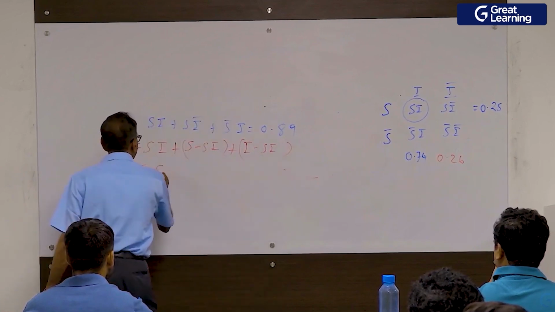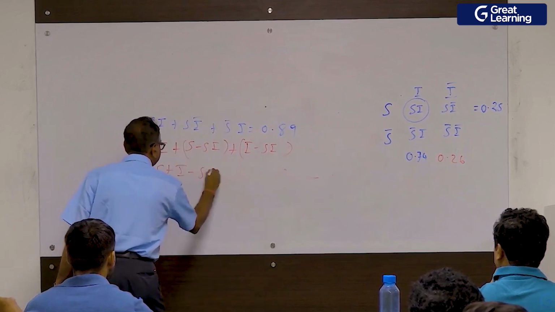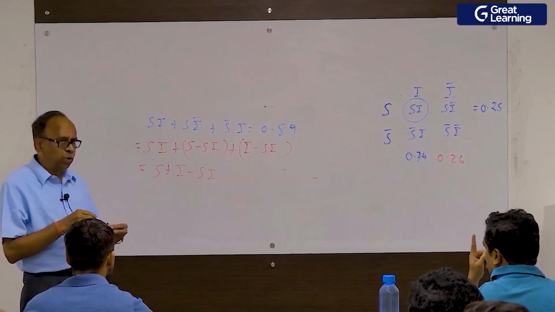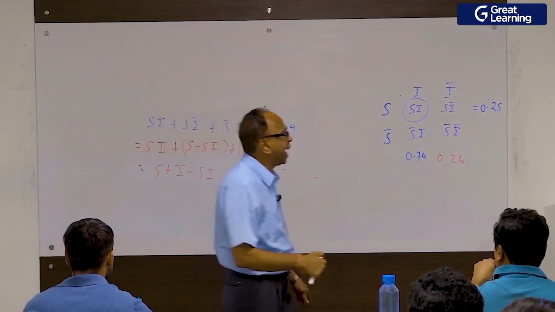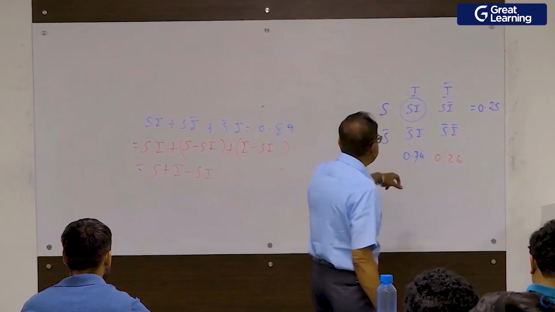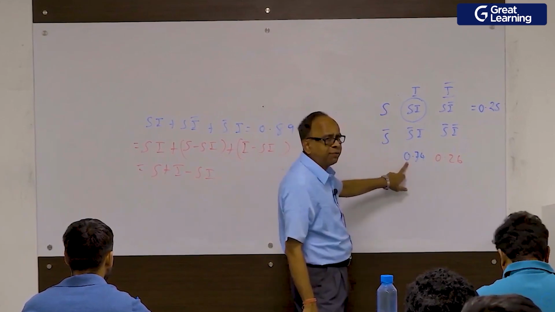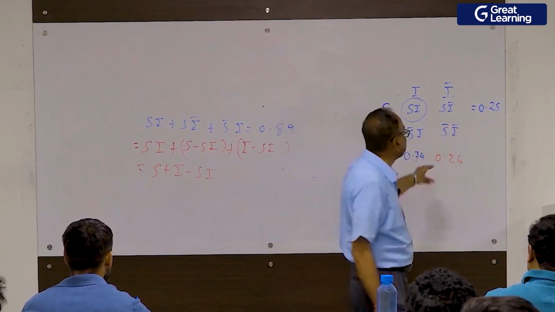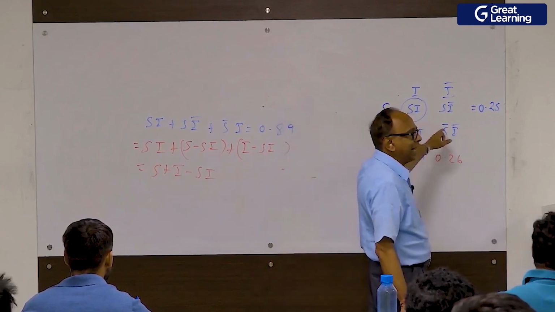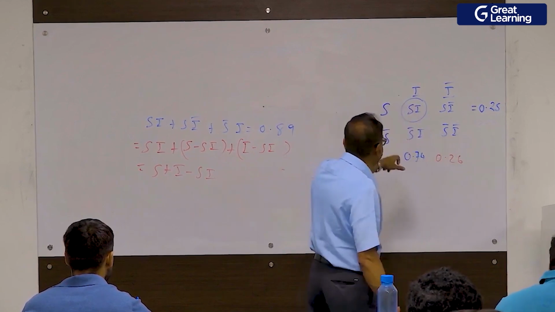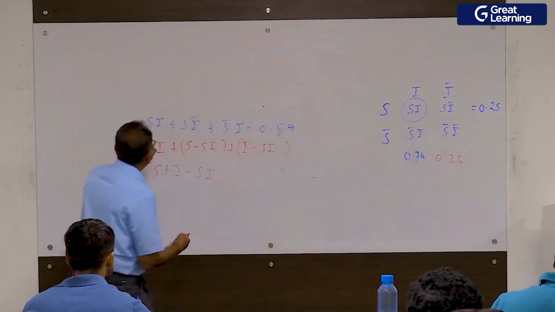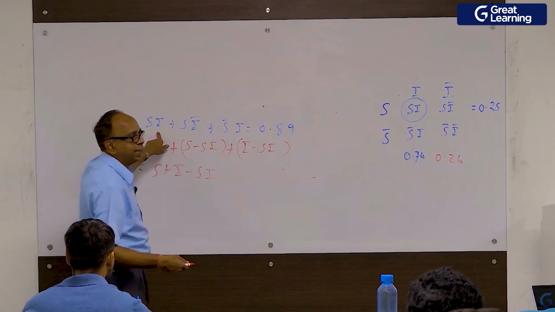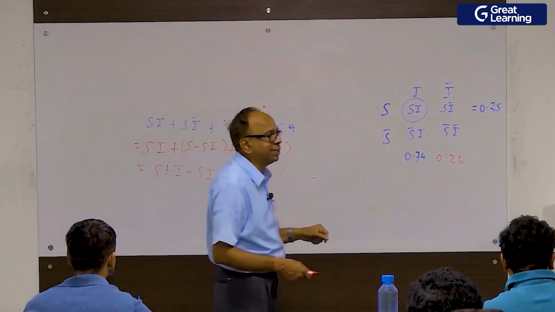So this is equal to S plus I minus SI. In other words, it is convenient for me to use the traditional one here. It gets cancelled. So S plus I minus SI. S is 0.74. I is 0.25. 0.99 minus SI is 0.89. I have to subtract. So when I subtract this from 0.89, I get 0.1 as the answer.